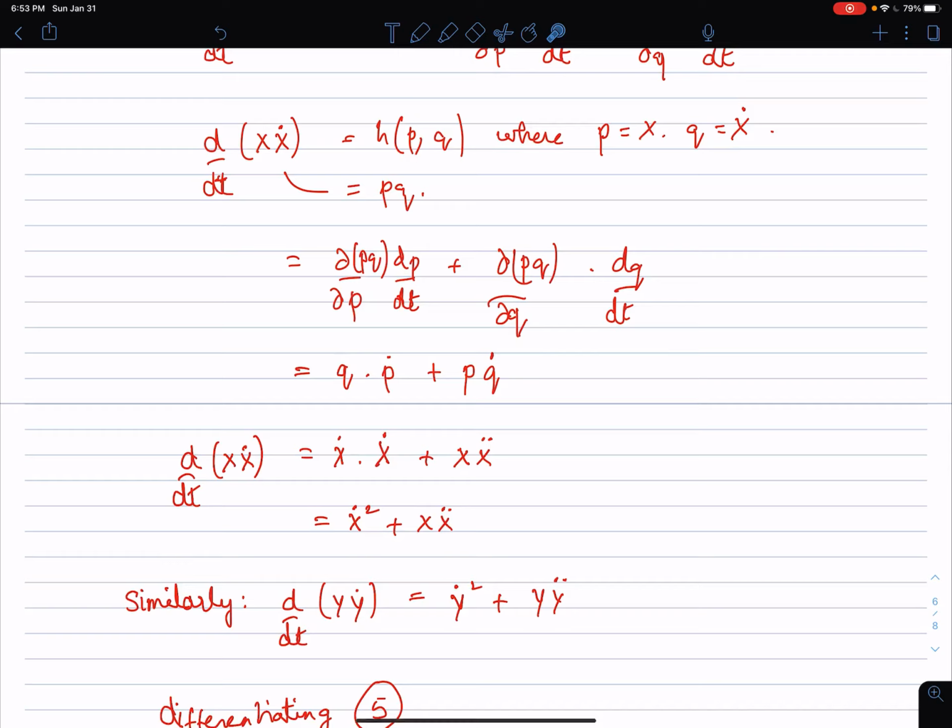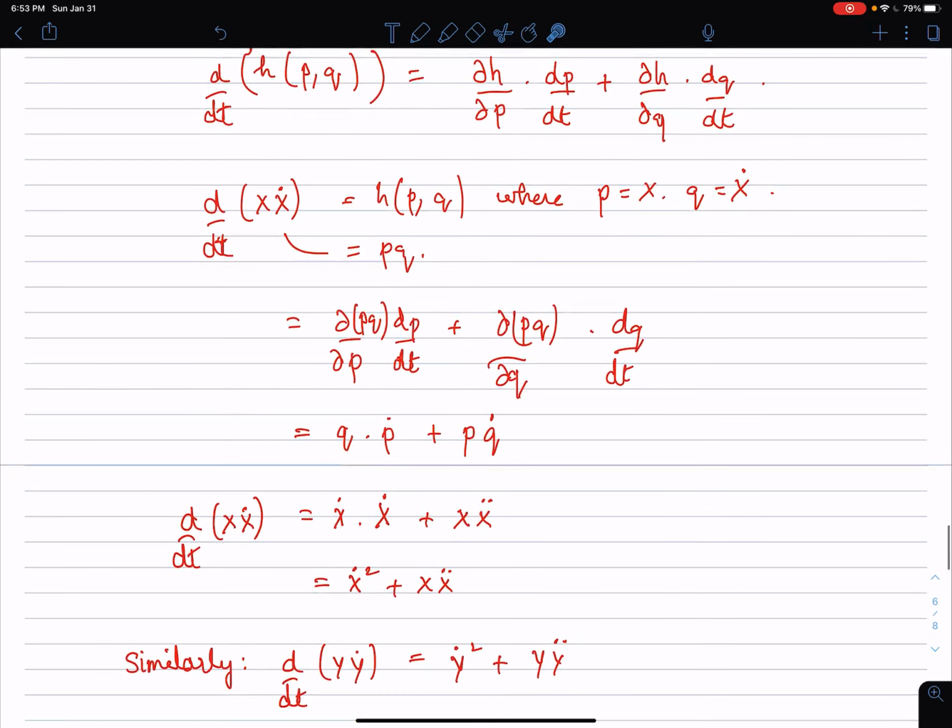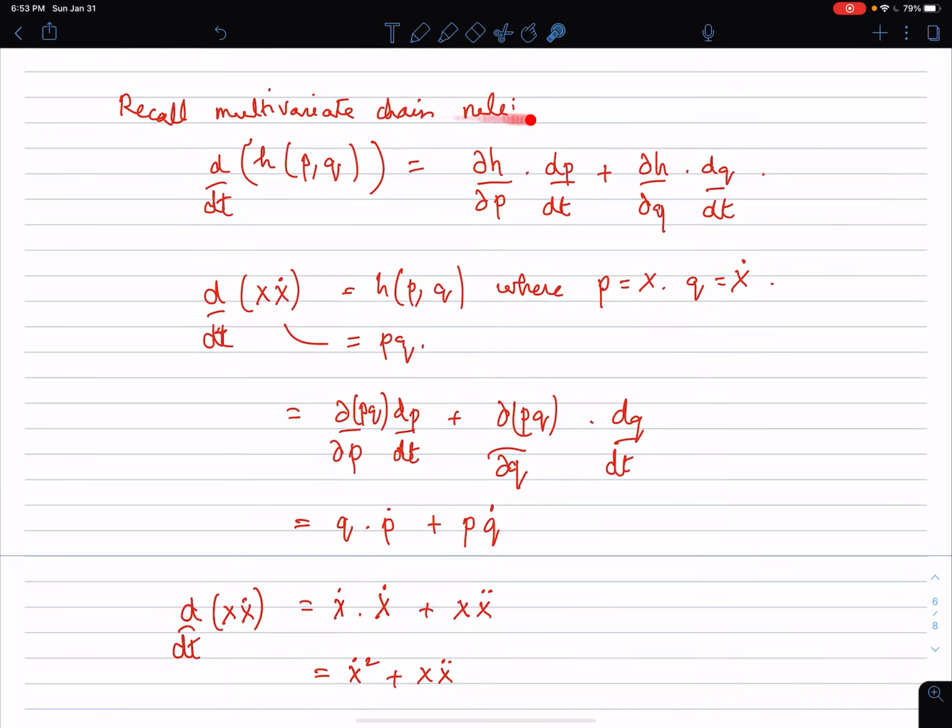The partial of pq with respect to p is basically q, times dp by dt, and the partial of pq with respect to q is p, and so on, right? This is the multivariate chain rule. Multivariate meaning if you're differentiating a function of two variables with respect to a third variable, this is what the derivative looks like.